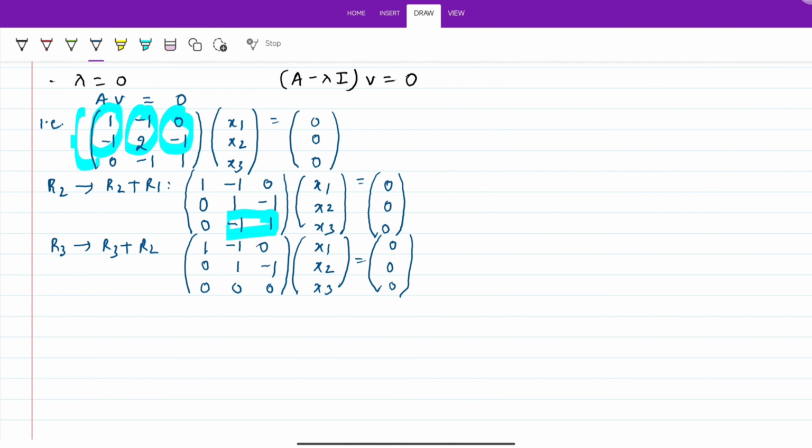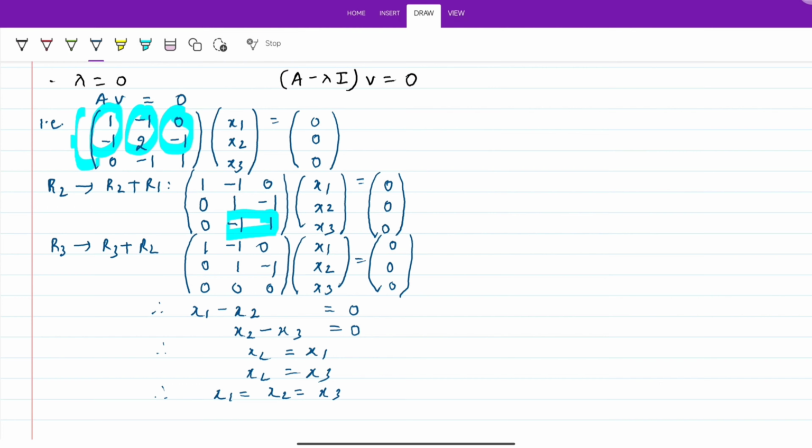Rewriting back in the equation form, we get x1 minus x2 is equal to 0 from the first row, and x2 minus x3 is equal to 0 from the second row. So thus we have from the first equation x2 is equal to x1, and also from the second equation we have x2 is equal to x3. So thus we have x1 is equal to x2 is equal to x3.